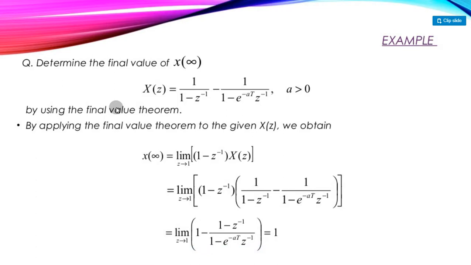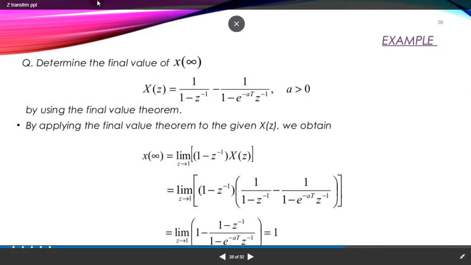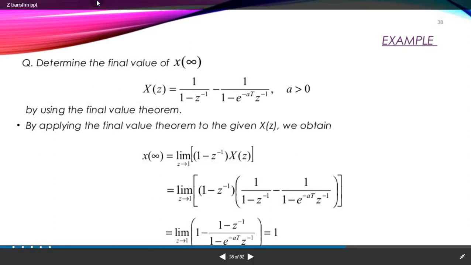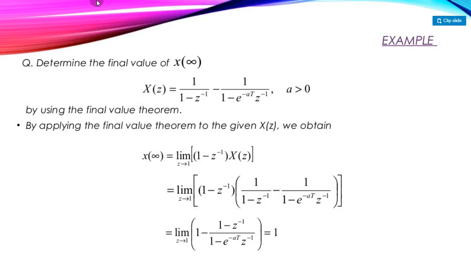Throughout, we have understood what the region of convergence is and the significance of its existence, and the basic step ahead from the discrete time Fourier transform to the Z transform, as well as the step ahead from the continuous time Fourier transform to the Laplace transform.